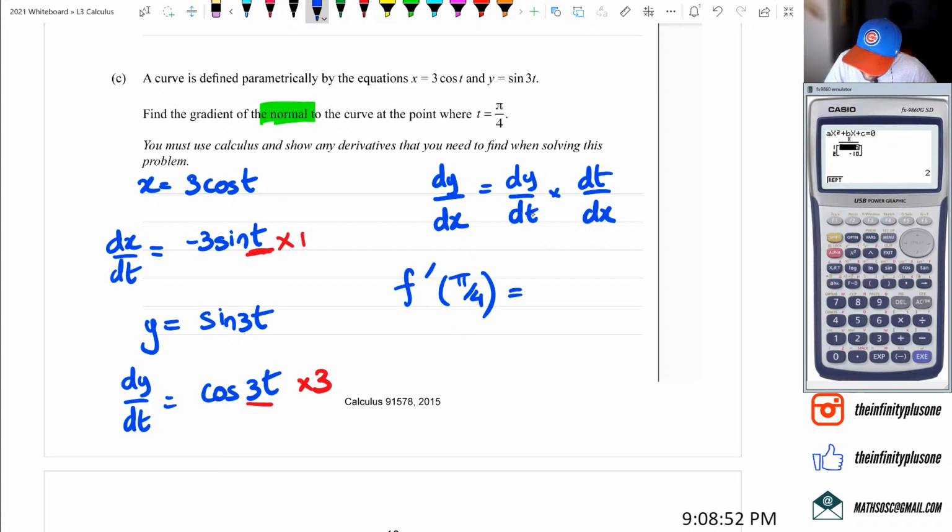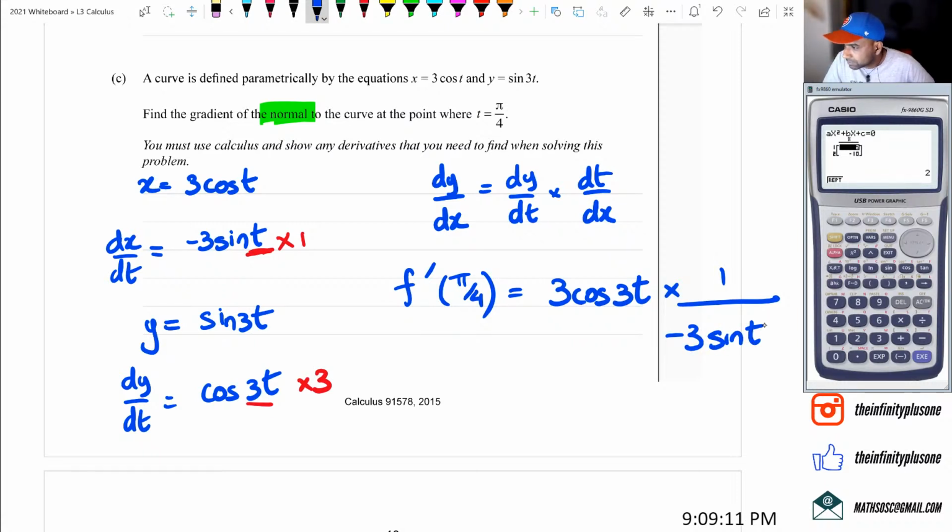What we've got is dy dt, which is 3 cos 3t, multiplied by dt over dx, which is 1 over negative 3 sine t. So we can rewrite this as the 3 and 3 cancel out, and I've got negative cos 3t over sine t.